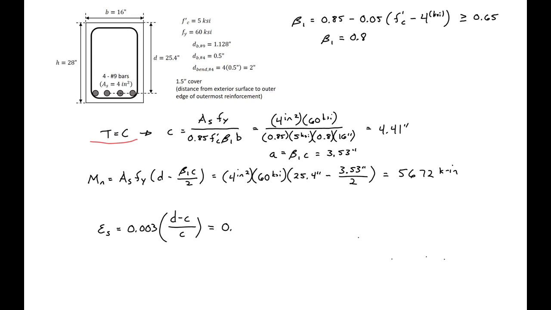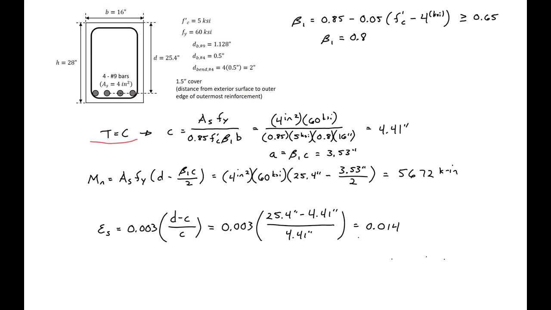We can also check the strain in our steel. So 0.003 times our D, 25.4, minus C, 4.41, divided by our C, 4.41 inches. We'll get our strain in our tension steel to be 0.014.